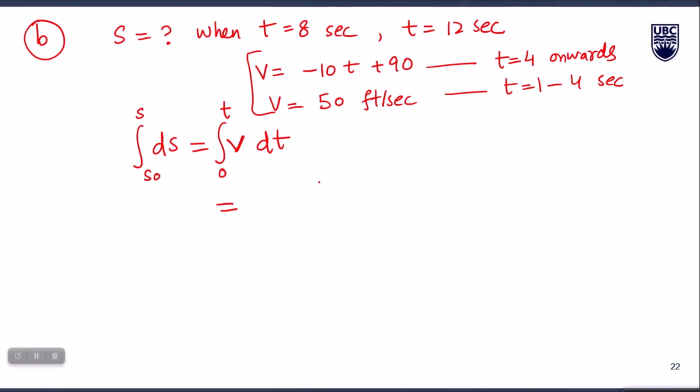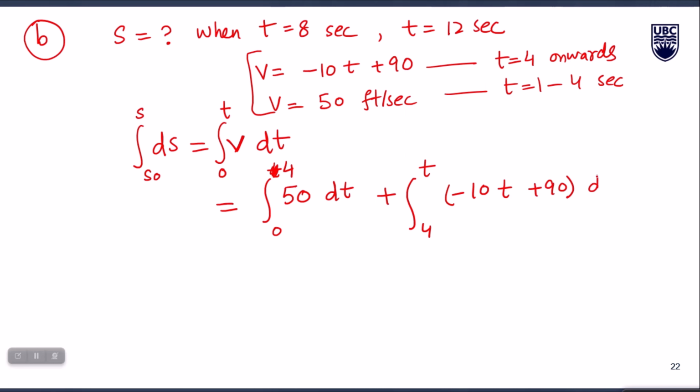in two parts. In the first part, the value of velocity was a constant value 50, right? So I can write it as 50 dt, from 0 to 4 seconds. From 0 to 4 seconds the velocity was constant, but from 4 to any time t, the velocity was a function of time, minus 10t plus 90 dt, right?